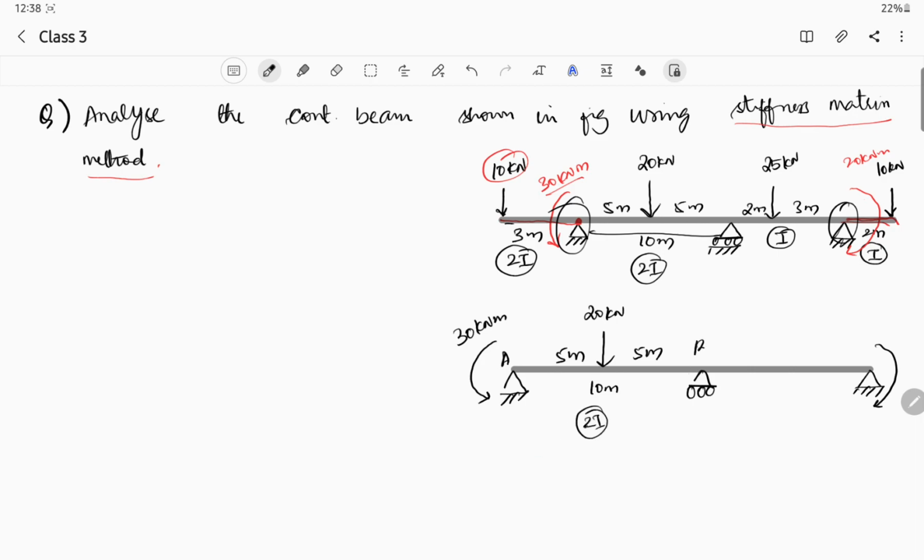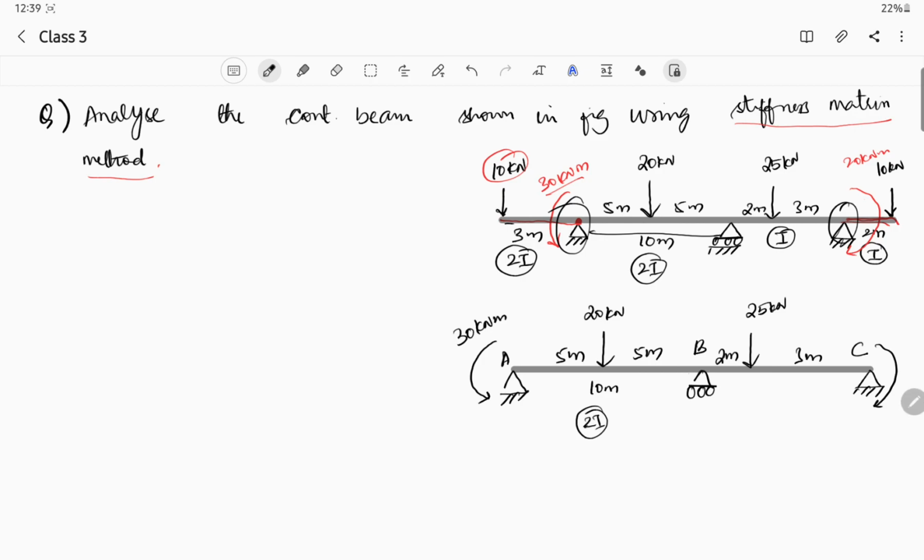So I'll name this as B. And after that, at this part we have another point load, 25 kilonewton. This is 2 meter and 3 meter. So A, B and C I'm writing here. Alright, so A, B and C.